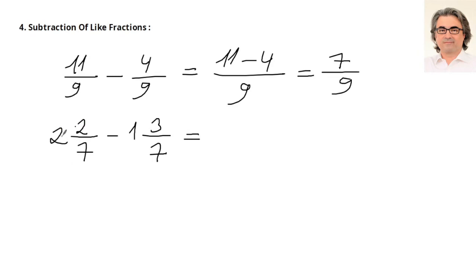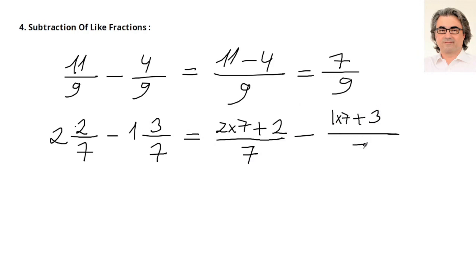How? 2 times 7 plus numerator 2 over the same denominator, minus 1 times 7 plus 3 over 7 again.